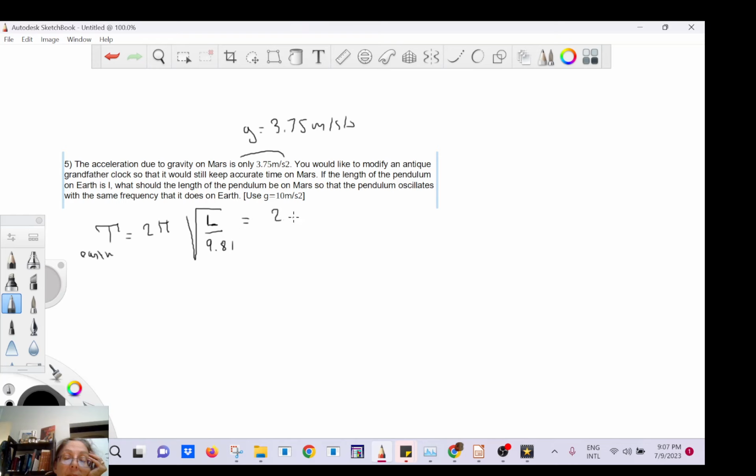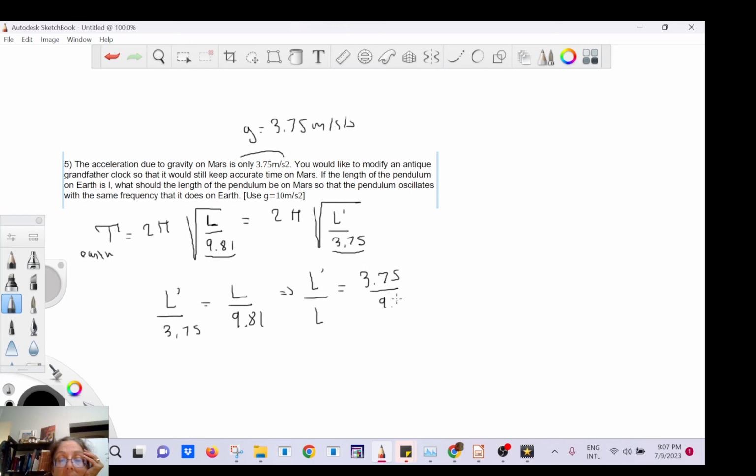Okay, and we want the same frequency, but on Mars. So L prime, and here we have 3.75. So whatever is under the radical should be equal to each other, right? So we have L prime over 3.75 equals L over 9.81.